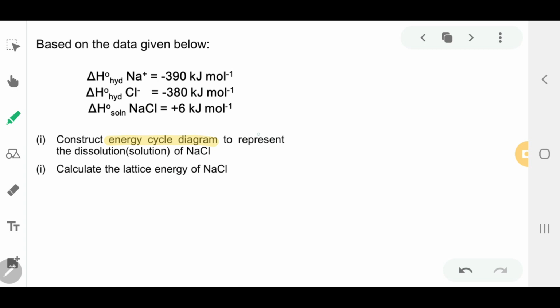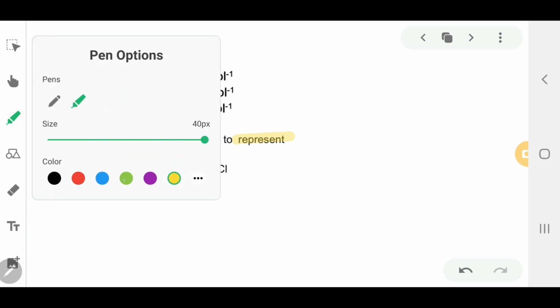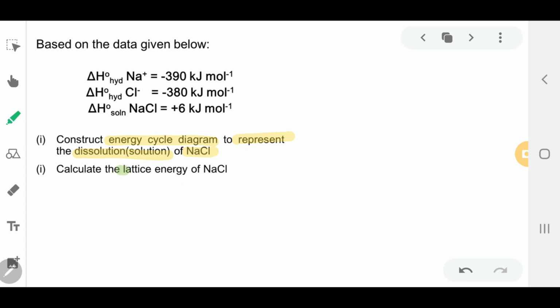This energy cycle diagram then will be able to represent the solution of NaCl. So how are we going to do that? Number 2, if you look at question number 2, it wants you to calculate the lattice energy of NaCl.